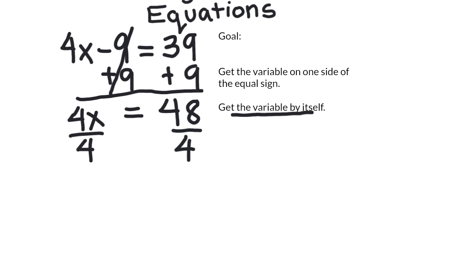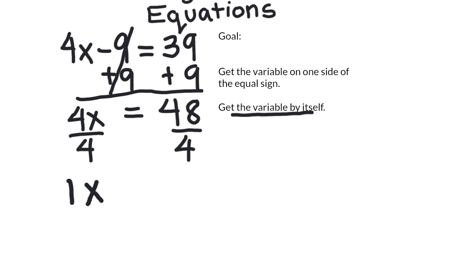So now we have 4x divided by 4, and 4 divided by 4 is equal to 1. So we get 1x. But because we know 1 times anything is equal to itself, 1 times x is still x.